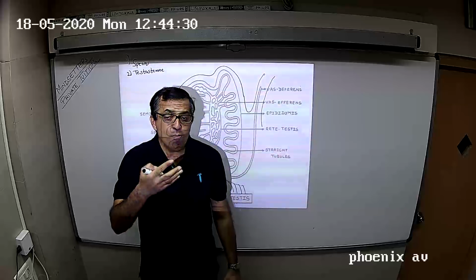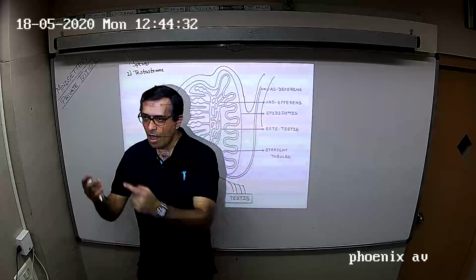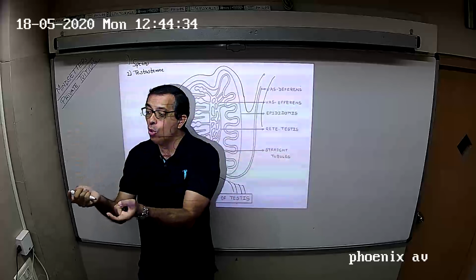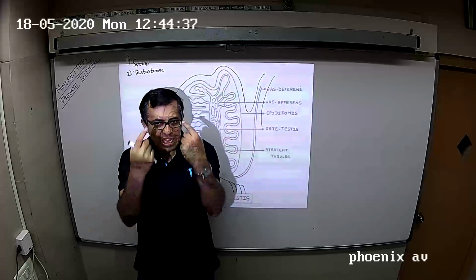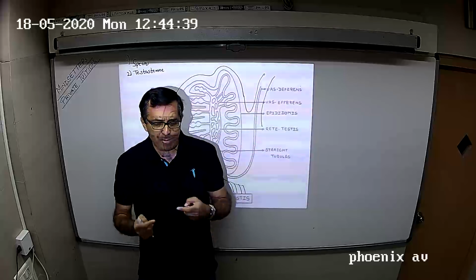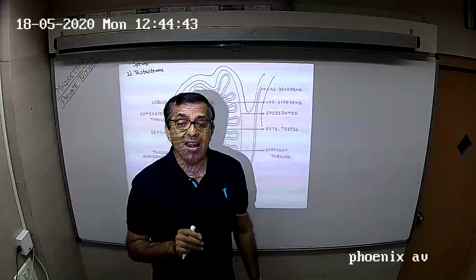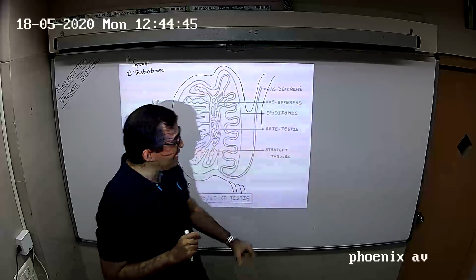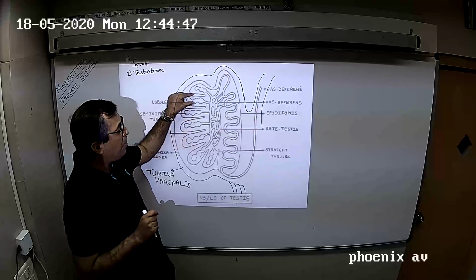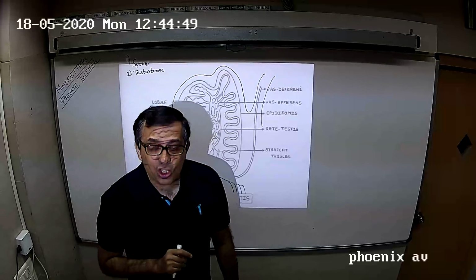We have septa, lobule, septa, lobule, septa, lobule. 250 such lobules are present in each testis.